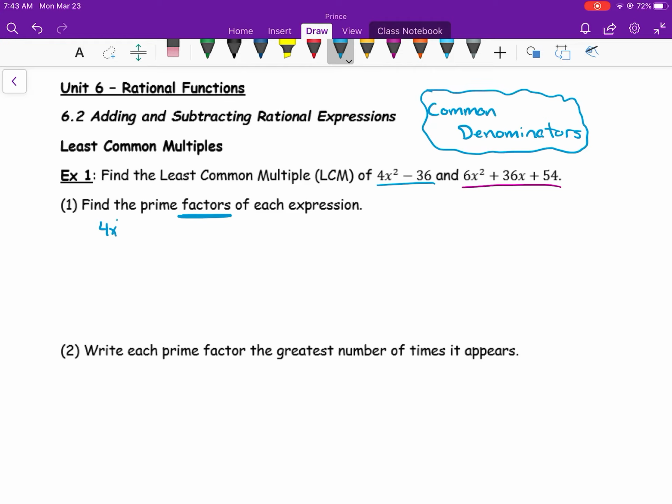First thing we're going to look for is a greatest common factor, which happens to be 4. If we divide both terms by 4, we get x squared minus 9. Then x squared minus 9 factors into x plus 3, x minus 3.